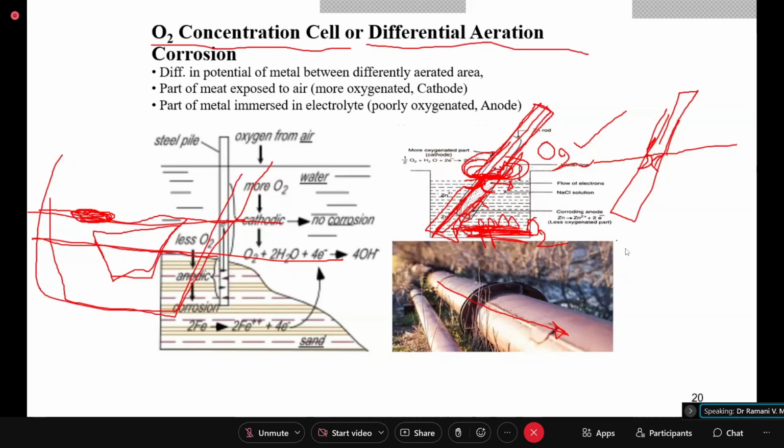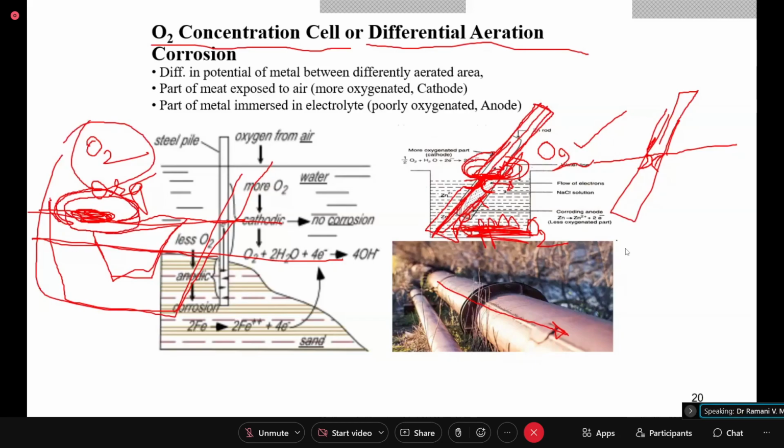Apart from that, this organism which is living here will either use O2 or will not use O2, whether it is aerobic or anaerobic. Depending on that, we find that if algae is growing here, it will deplete the oxygen present in water in this region.